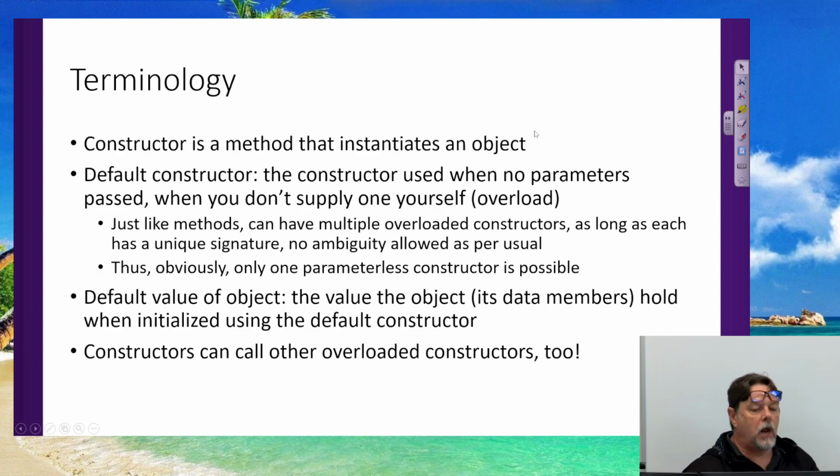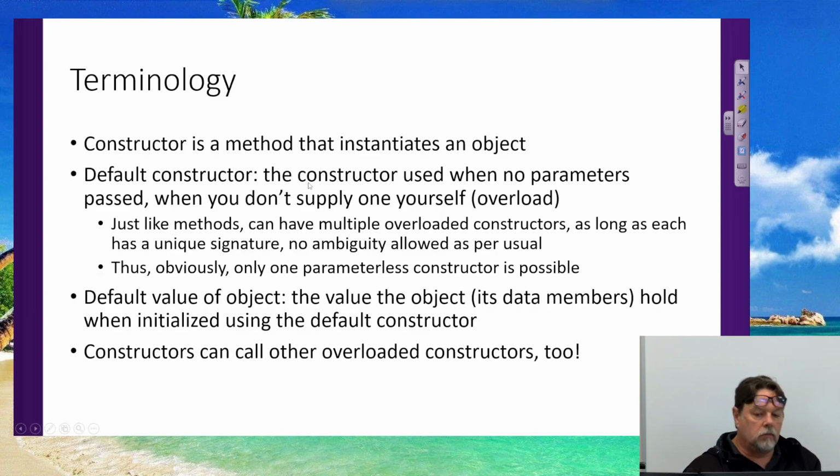Okay, a little bit more terminology. Constructor: the definition of that is a method that instantiates an object. This whole "instantiates" is terminology that we use when we're talking about object-oriented languages. It just means nothing more than creating a new one of those objects.